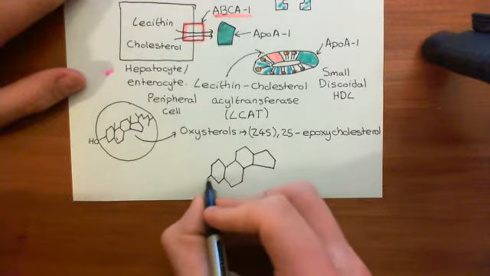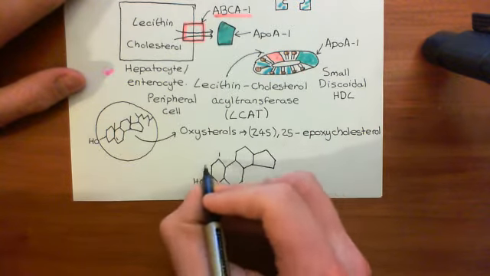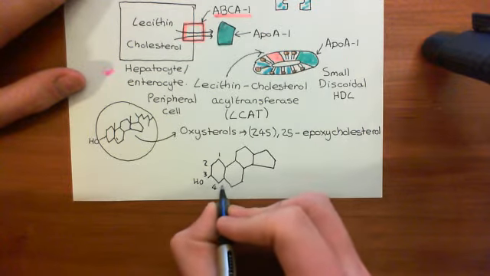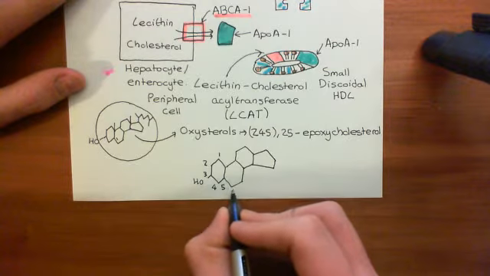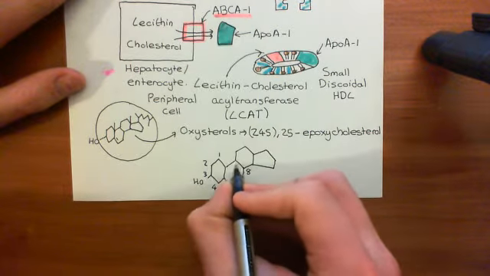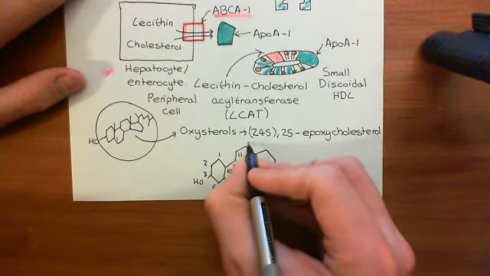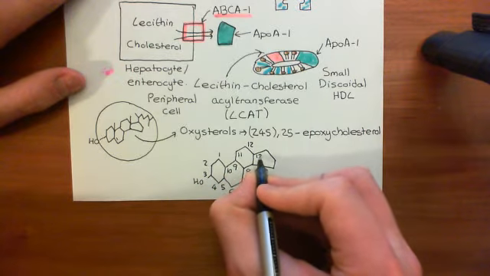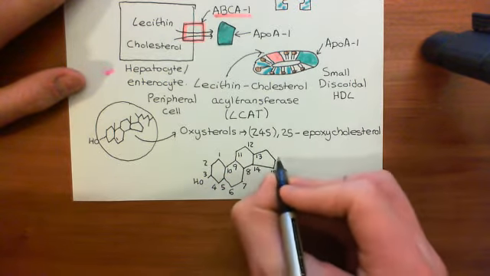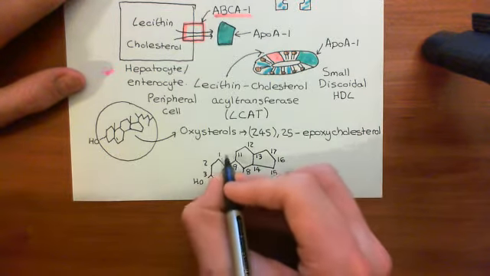So remember, the way that you number the carbons within a cholesterol molecule are, this one is number 1, this one's number 2, this one's number 3, 4, 5, 6, 7, 8, 9, then we have 10 over here, 11, 12, 13, 14, 15, 16 and 17, but of course we haven't finished the cholesterol molecule yet.